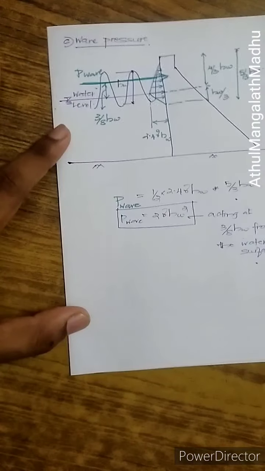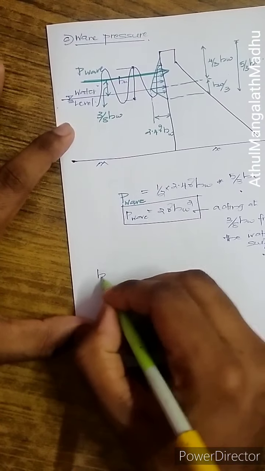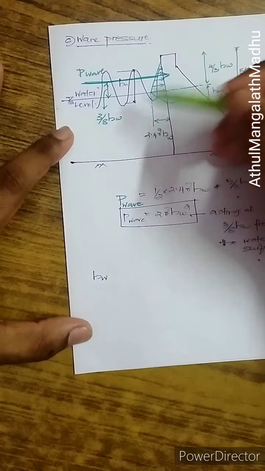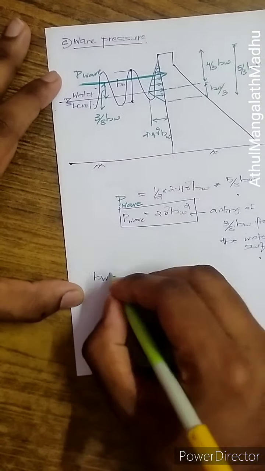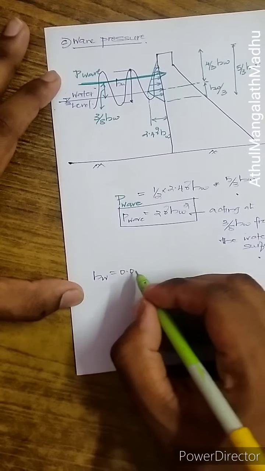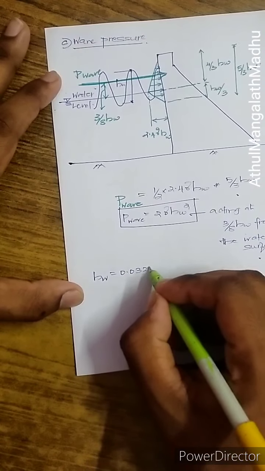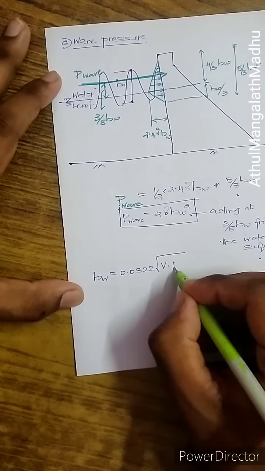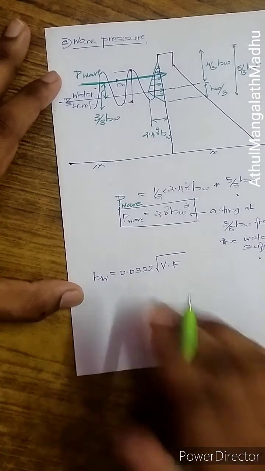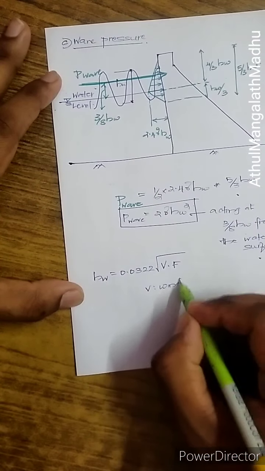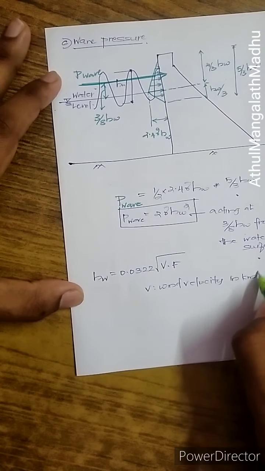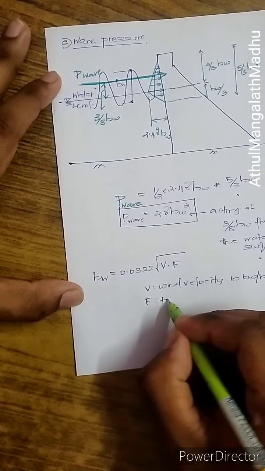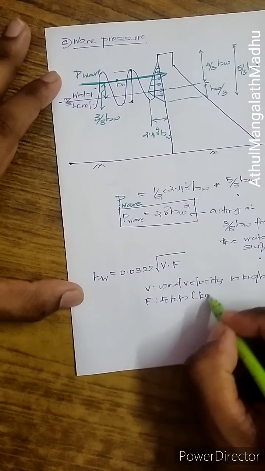Now to calculate the height of the wave, we cannot find the height of the wave by measuring it on actual ground. You cannot go there in the dam and measure it. So the height of the wave is given by 0.0322 root of V into F, where V is the wind velocity in kilometers per hour, and F is called the fetch in kilometers.